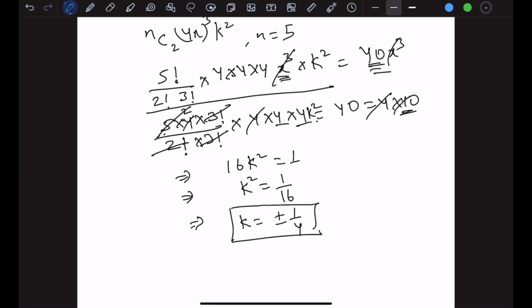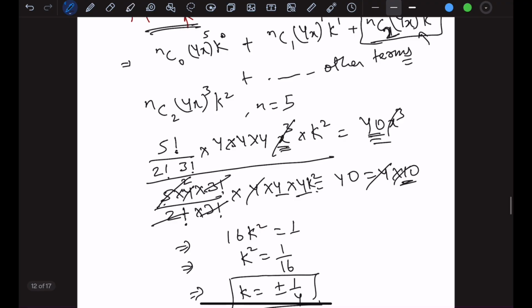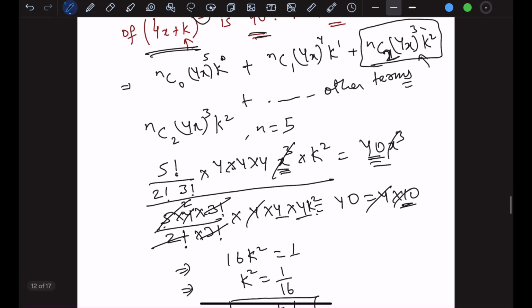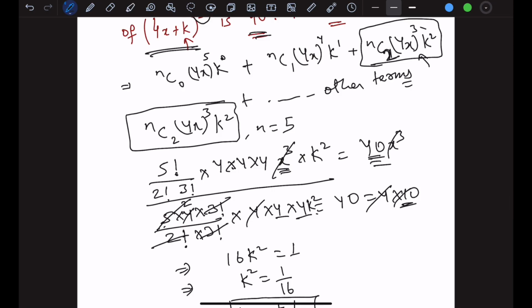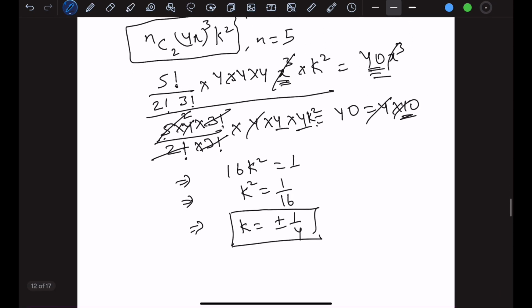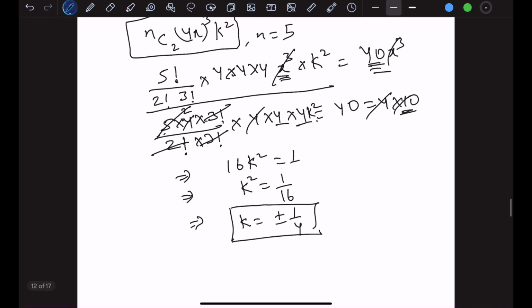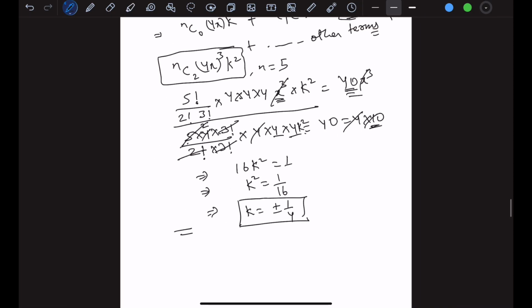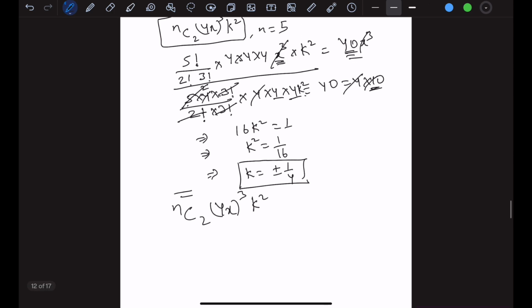We can test it. What was our x cube term? Our x cube term was nC2 (4x) to the power 3 k square.